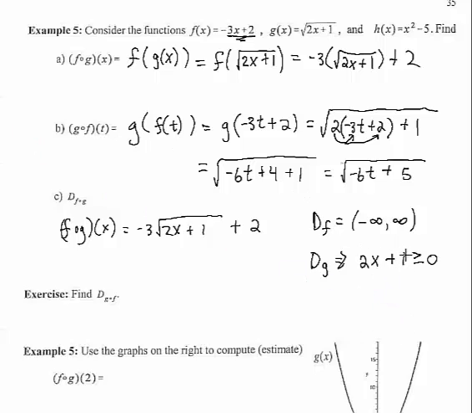So we want this expression to be greater than or equal to 0. I write minus 1. I get a 2x greater than or equal to negative 1, and then I divide by 2. And I get x is greater than or equal to negative 1/2.